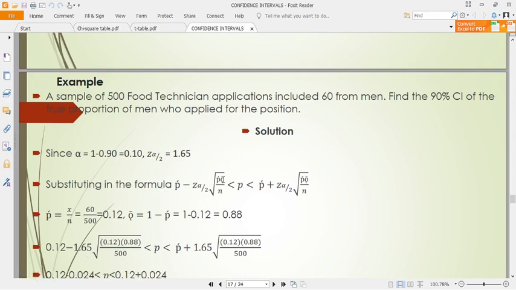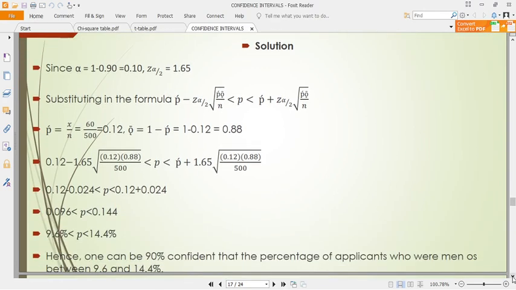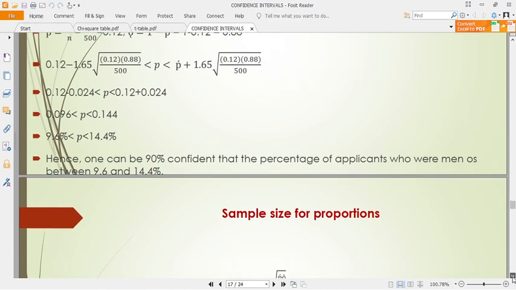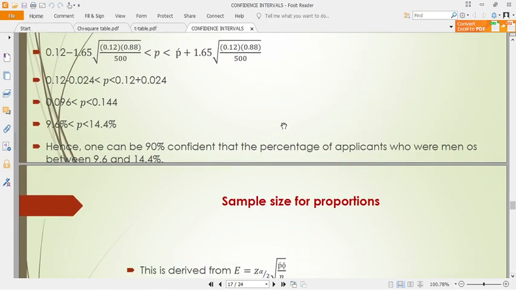So we can get p hat, which is x over n, and also q hat, which will be 1 minus p hat. Still we do the math, and what we get will be the confidence interval. You can be confident at that confidence level that men who applied were between 9.6 and 14.4%.